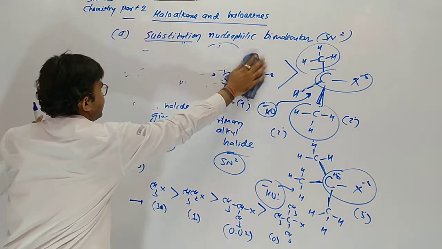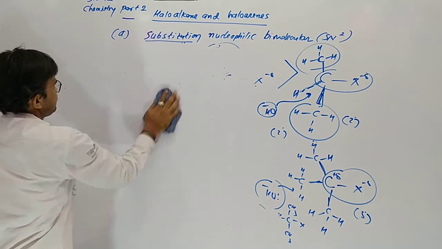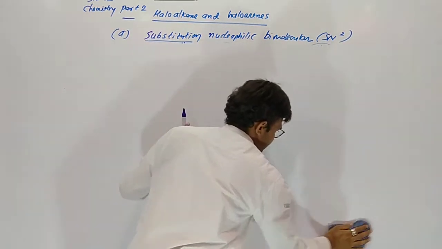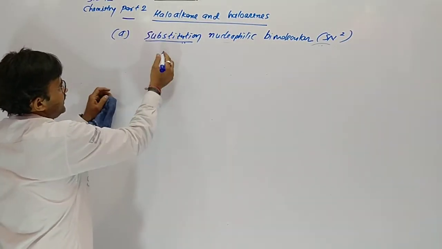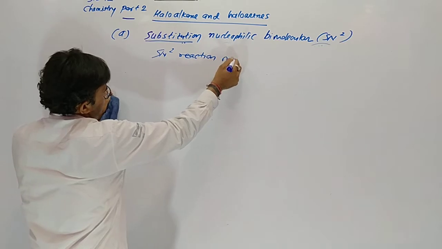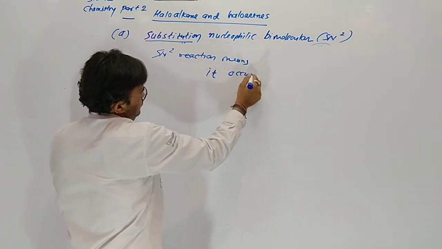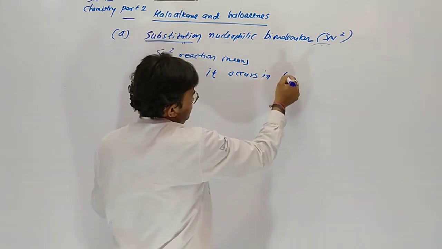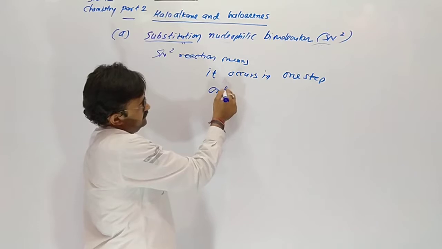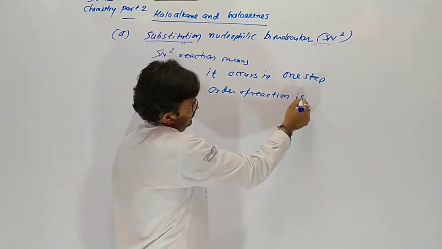Now two mechanisms in our syllabus. One is over here. In this reaction, once again, SN2 reaction means it occurs in one step. Order of reaction is 2.